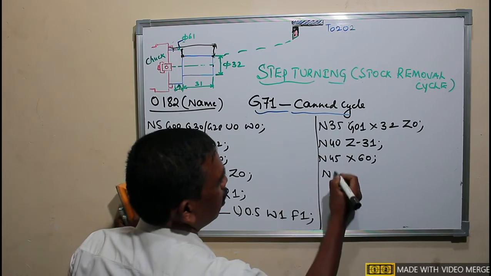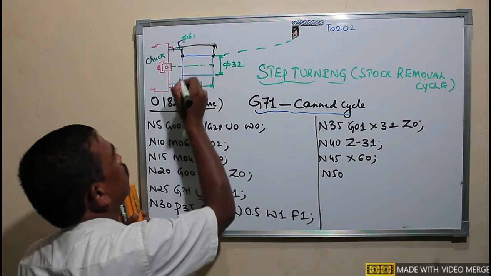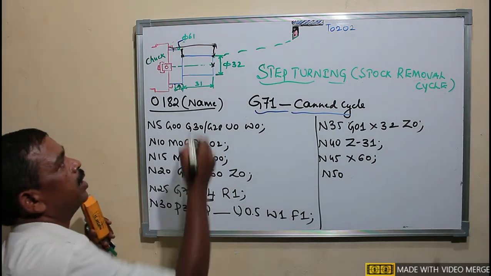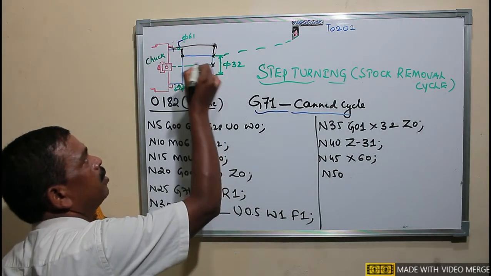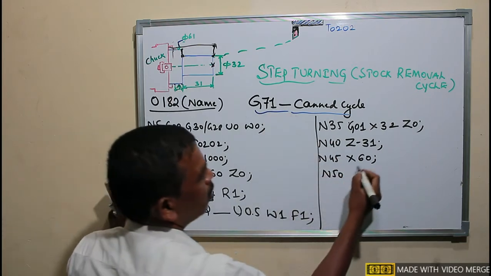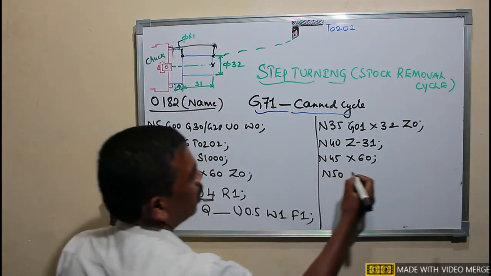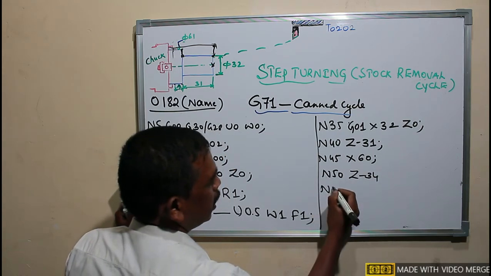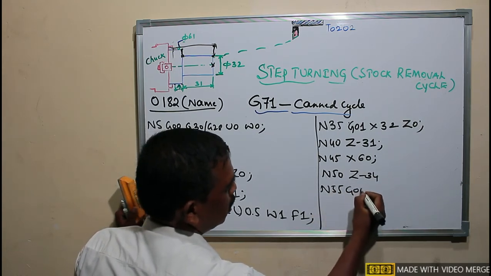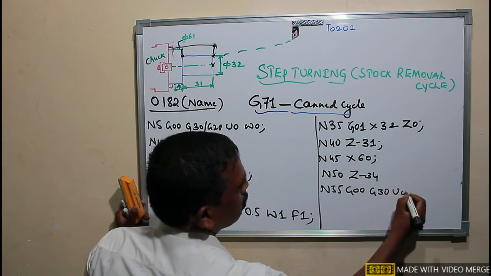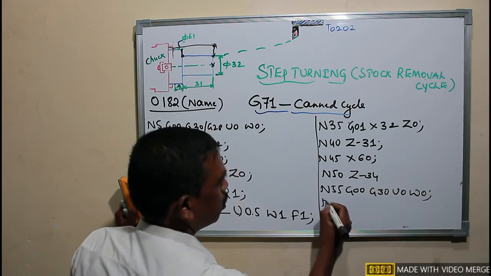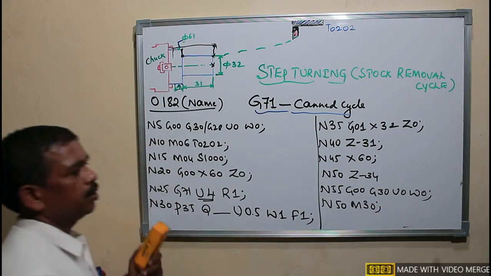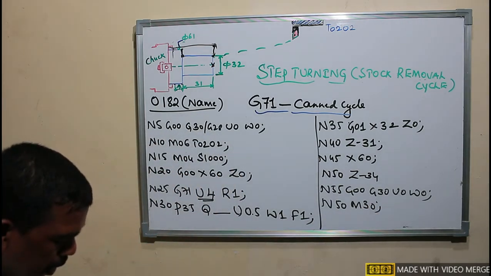Then N50. From here to here it is 4 mm, but it is absolute programming, therefore we have to consider the length of this step, that is Z minus 34 mm, and then I will move the tool to its home position. Then end of block. So this is the program.